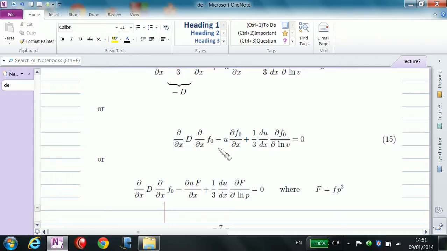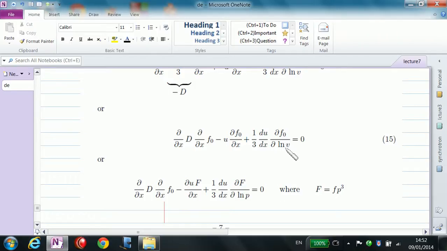And you can rewrite this. See, now here's where I start using capital F. F is equal to little f times p cubed. So here, finally, if I multiply by p squared, then, well, just a second.